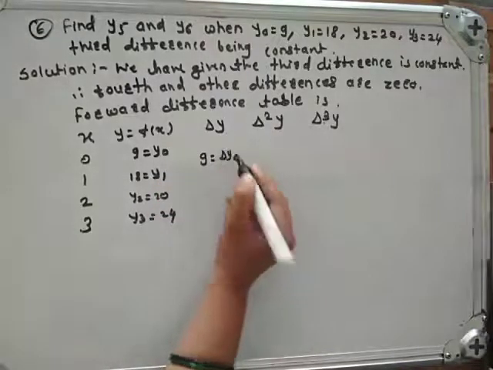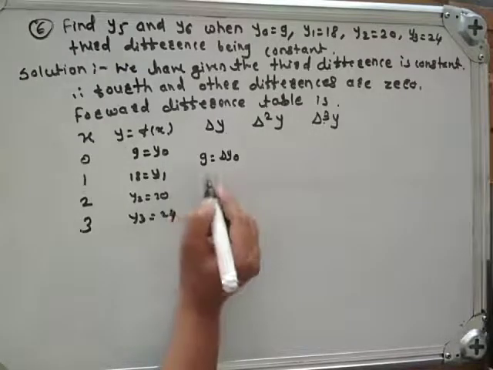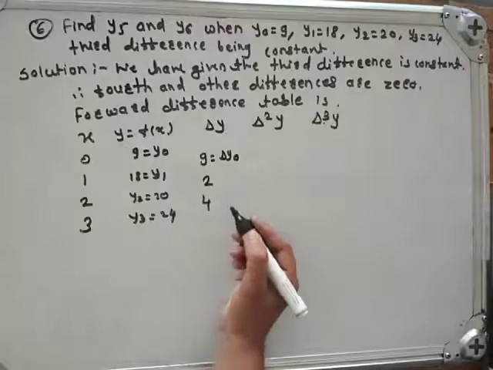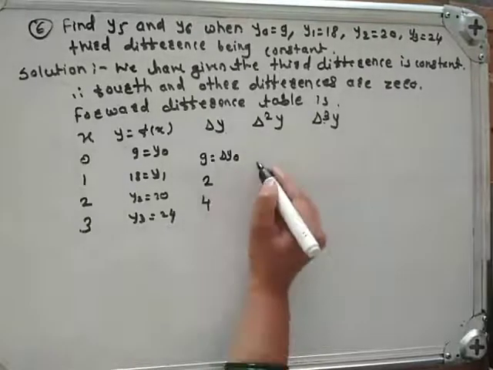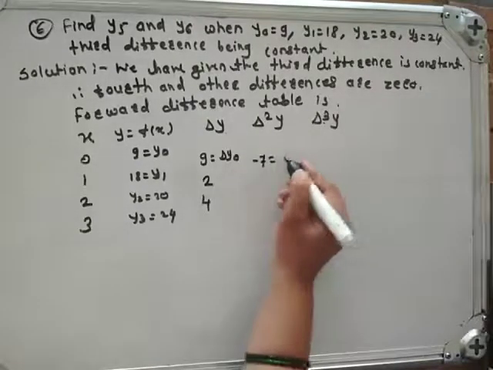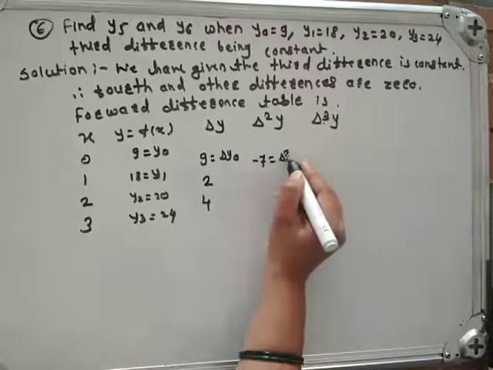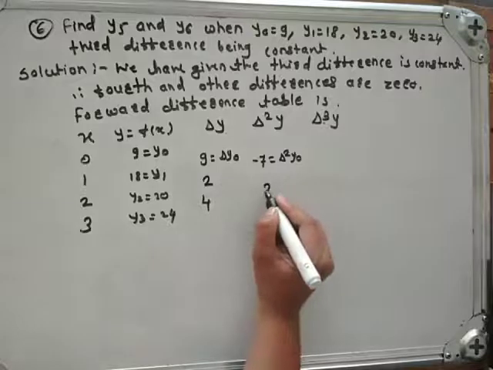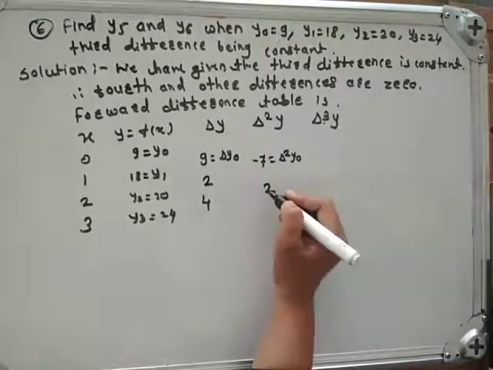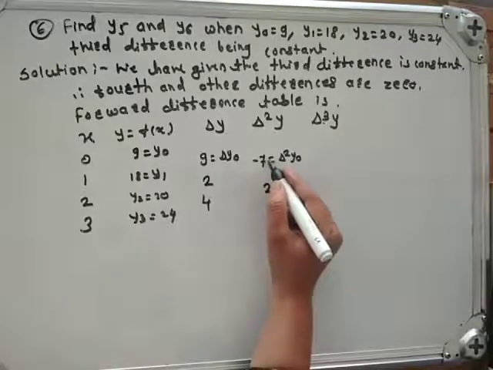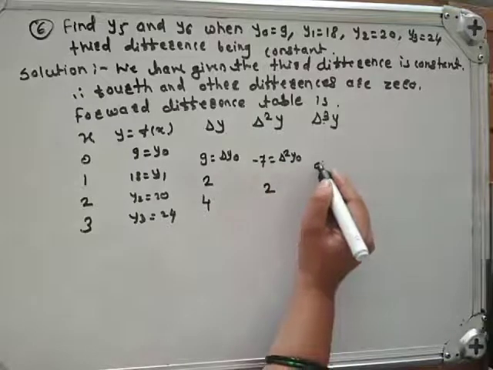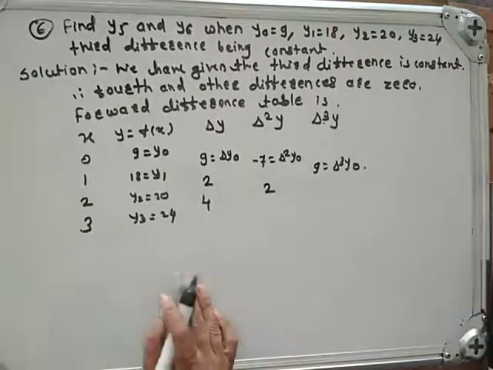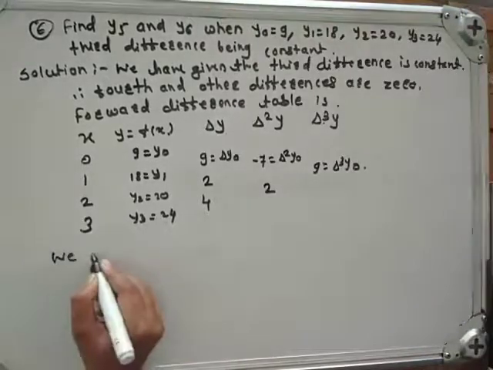This is delta y0. 20 minus 18 is 2 and this is 4. Okay. 2 minus 9 is minus 7, which is delta square y0. 4 minus 2 is 2. 2 minus 7 is 9, which is equal to delta cube y0. Okay.